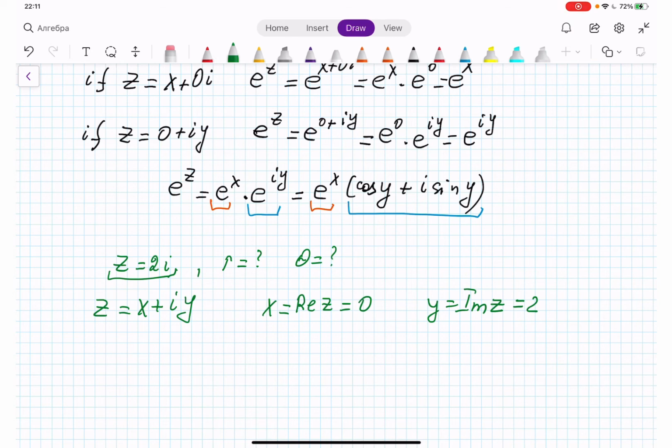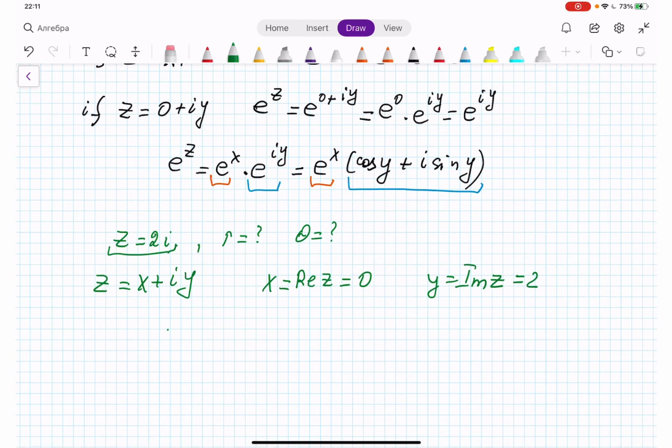Okay, we know that r is equal to square root of x squared plus y squared, right? This is how trigonometric form is connected to the algebraic form x plus i y. And that is equal to square root of 0 squared plus 2 squared, and as a result we get 2.